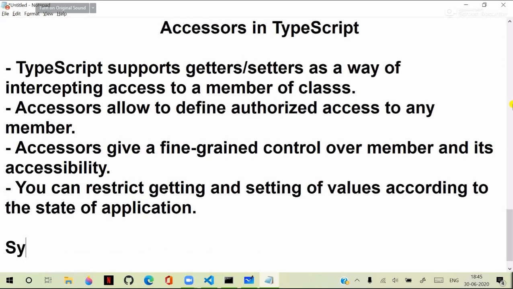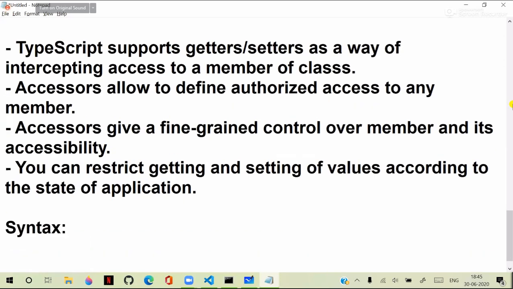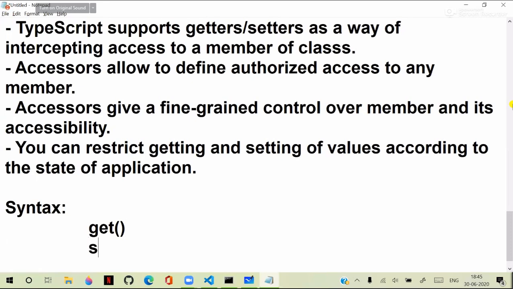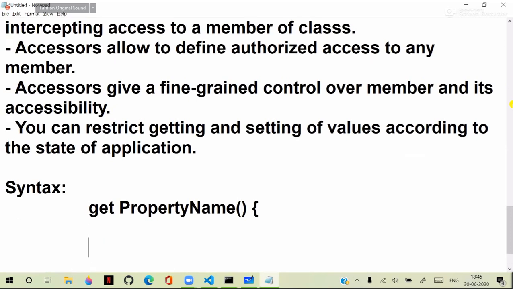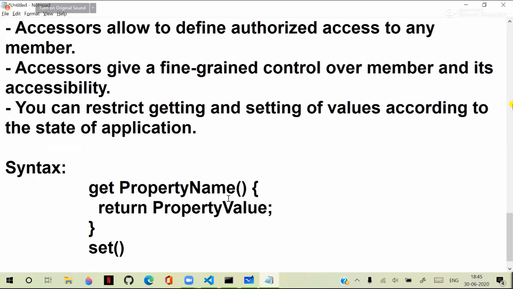So generally we can do that by using get and set methods. Actually, get defines a property name, and it uses a return function to return the property value. Set uses the property name.